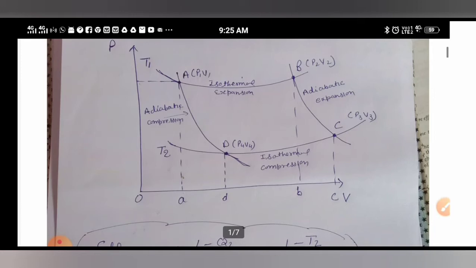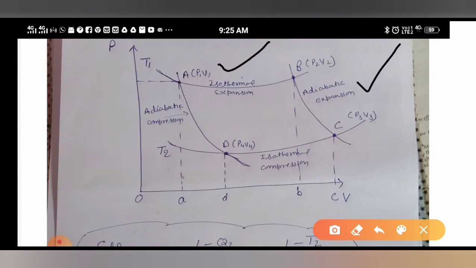So the Carnot cycle is a graph between pressure and volume. In this graph there are four processes represented by the Carnot cycle. First is isothermal expansion, then adiabatic expansion, isothermal compression, and adiabatic compression.